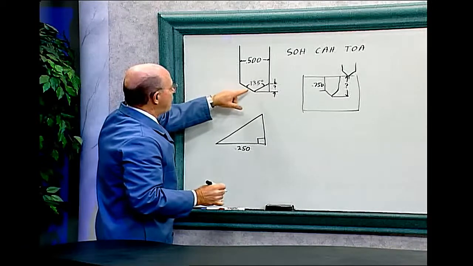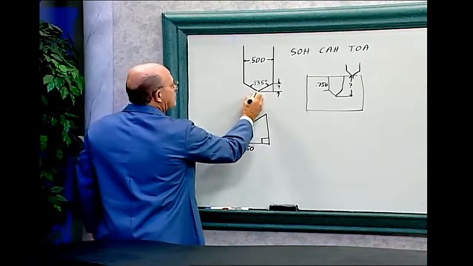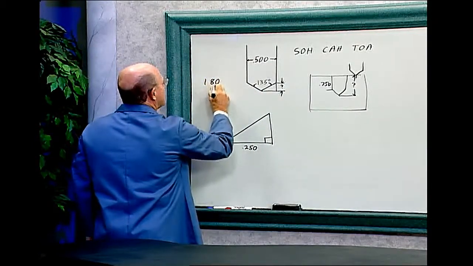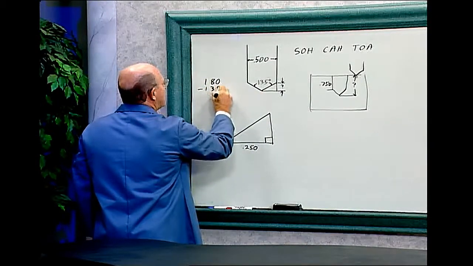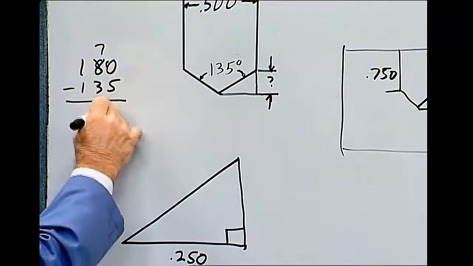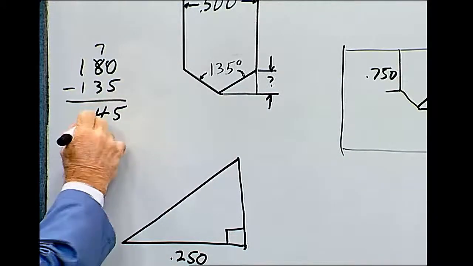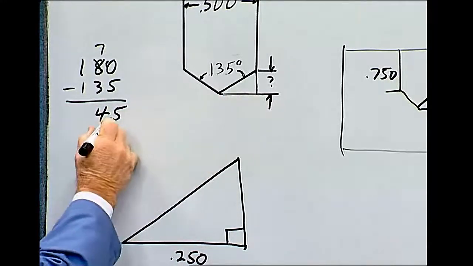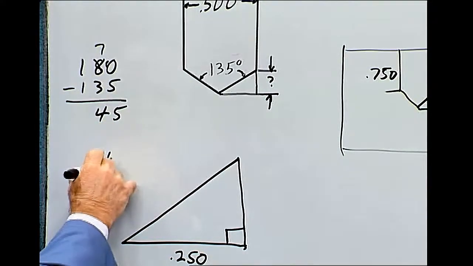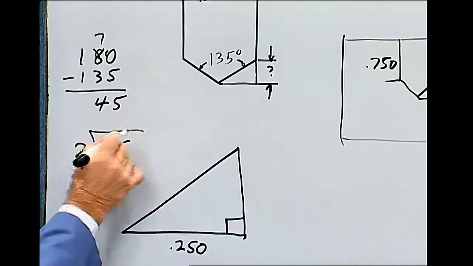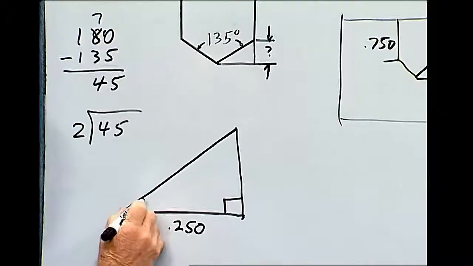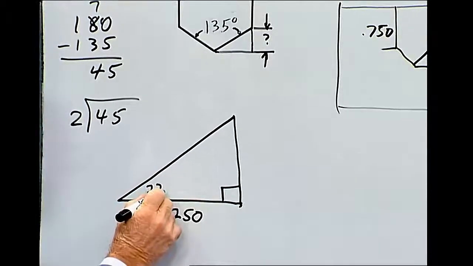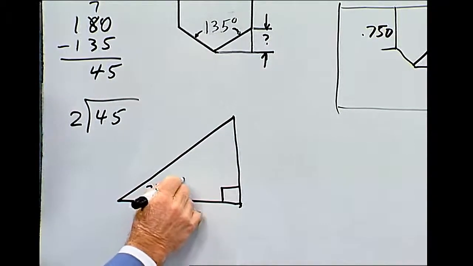Now, if that's 135, we know that from here to here, it's 180, minus 135, that's 45. So both of these together equal 45 degrees. So we just got to divide that by 2. So 45 divided by 2 is 22 and a half. You can figure that out. So this angle over here now is 22.5 degrees.